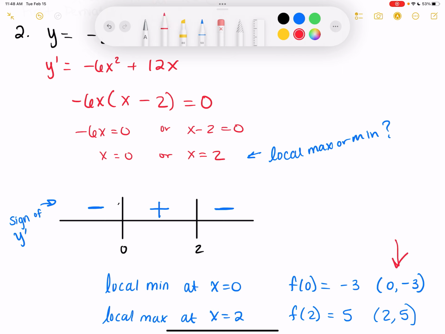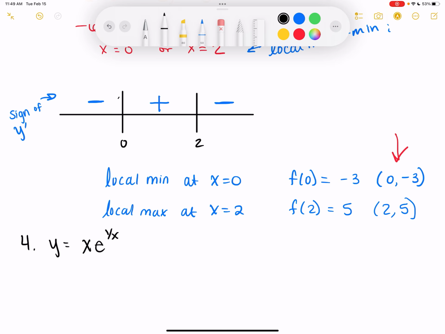Number 4. So same instructions. This time we have y is equal to x e to the 1 over x. So this derivative is going to be a little bit different, obviously, because we have the e to the 1 over x with it.